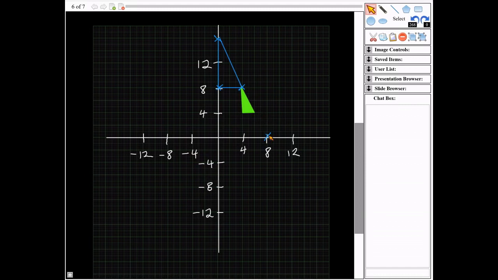Now, say I wanted to use the same centre of enlargement with a scale factor of -2. So what I would do is take this point here, which was 1 square to the left, 2 squares up, and I would do the same, double the distance, but in the opposite direction. So with a scale factor of -2, I would go 2 to the right, and then 4 down would be here. And then likewise with this point, 2 and 2 would become 4 and 4 would become here.